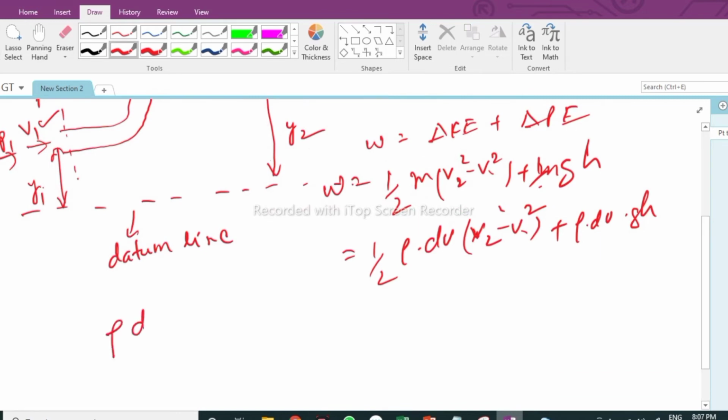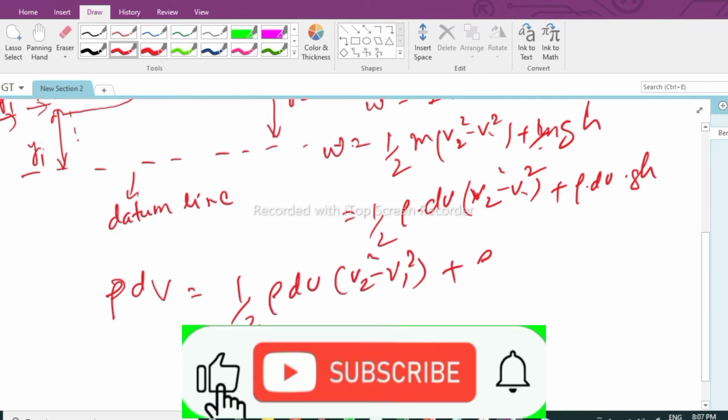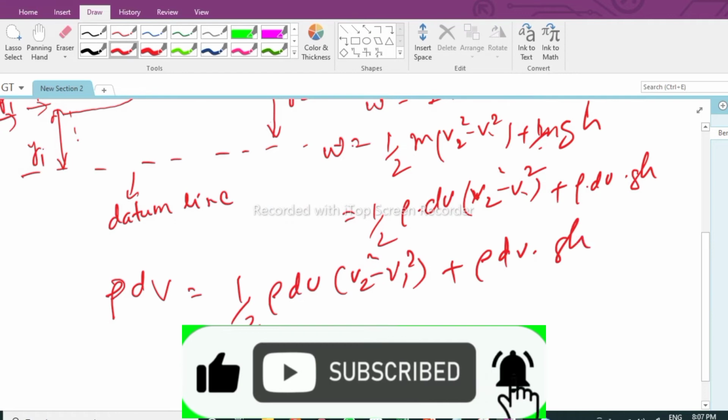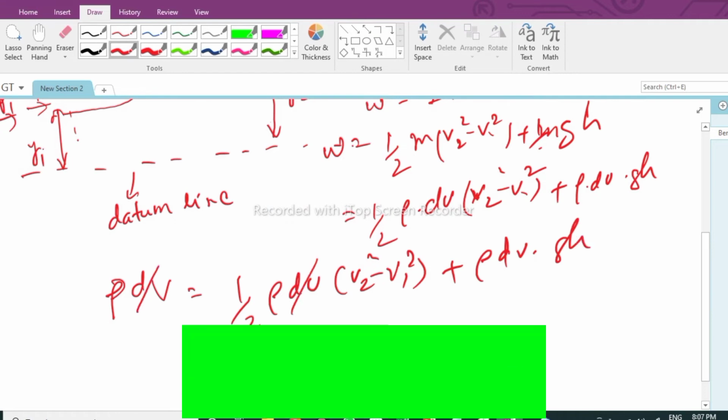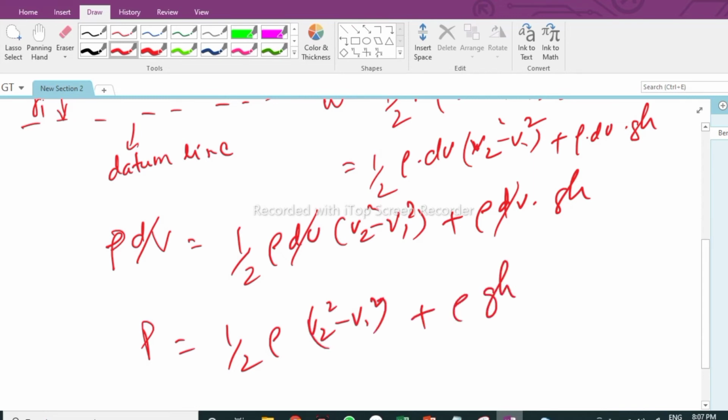If we equate these two terms, p into dv, which is the work done, is equal to half into rho into dv into v2 square minus v1 square plus rho into dv into gh. Cancelling out dv from the left hand side and the right hand side, we get p is equal to half into rho into v2 square minus v1 square plus rho into gh.